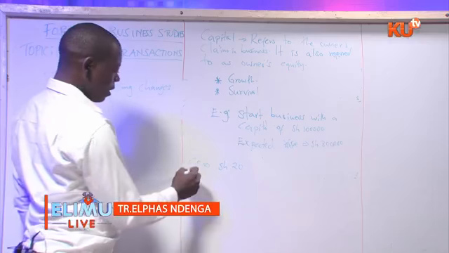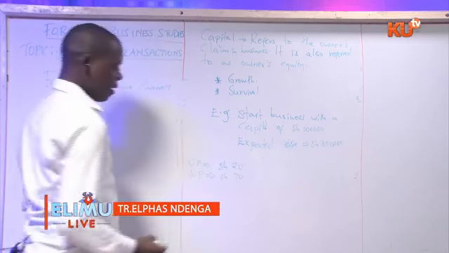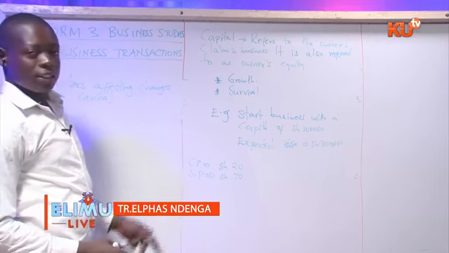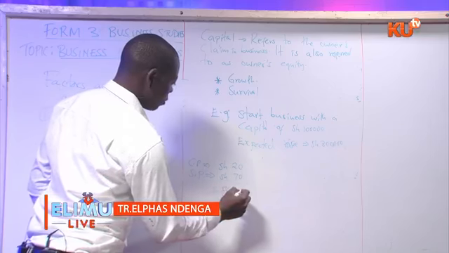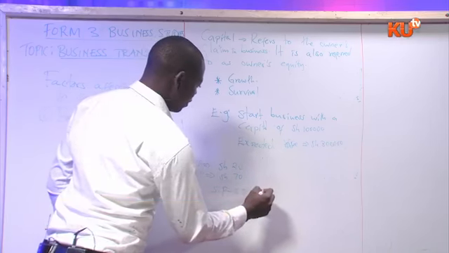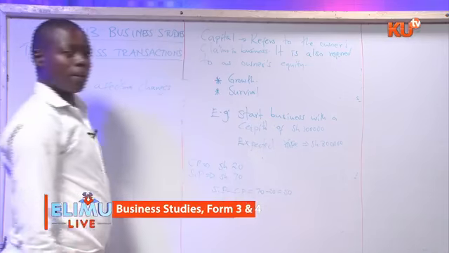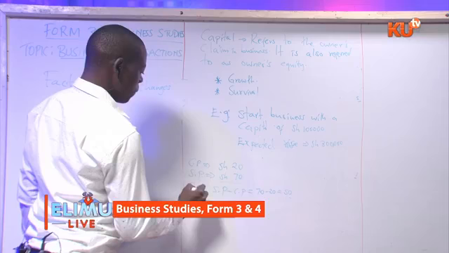And when you sell this product at 70 shillings, there is some extra income generated. Our selling price less the cost price is 70 less 20, giving us how much? 50 shillings. Therefore, the 50 shillings is what we call the profit.